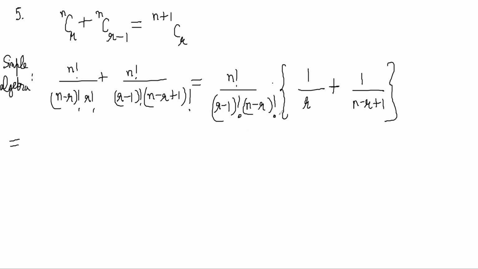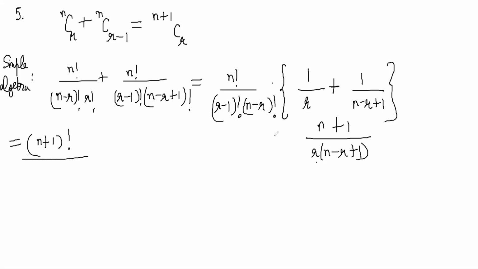This becomes equal to r into n minus r plus 1 at the bottom, and on top becomes n minus r plus 1 plus r, so n plus 1, right? So when you multiply n plus 1 into n factorial, the top part becomes n plus 1 factorial. And when you multiply r and r minus 1 factorial, it becomes r factorial. And when you multiply n minus r plus 1 and n minus r factorial, it becomes n minus r plus 1 factorial, right?